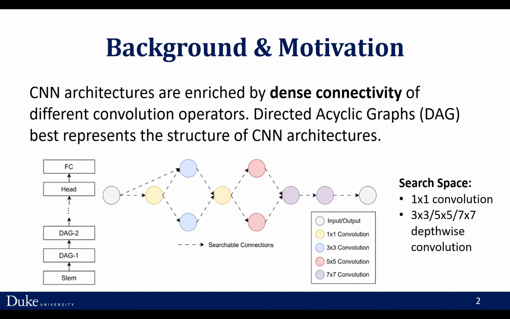Directed acyclic graphs are the most effective tool to reflect the structure of CNN architectures, because a CNN architecture is composed of various directed acyclic graphs, whereas each DAG has a building cell with different connectivity and different topologies of the convolutional operators.